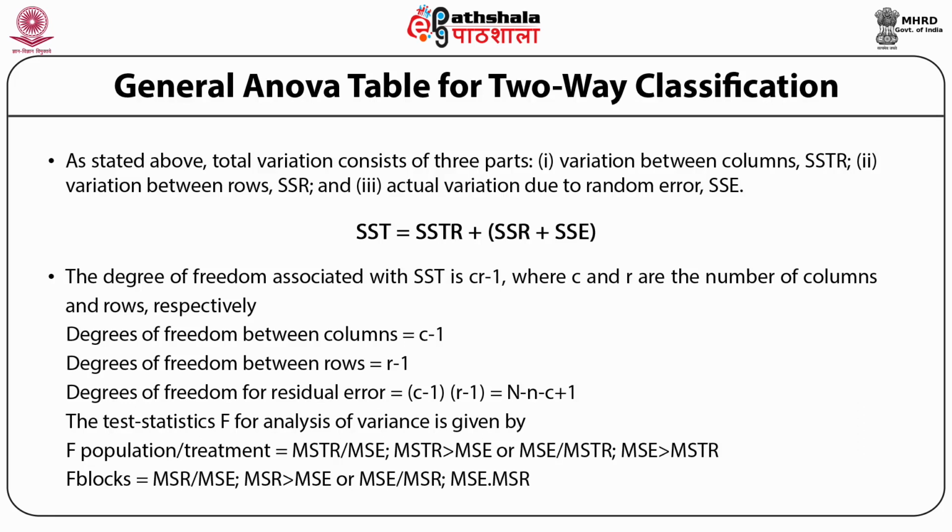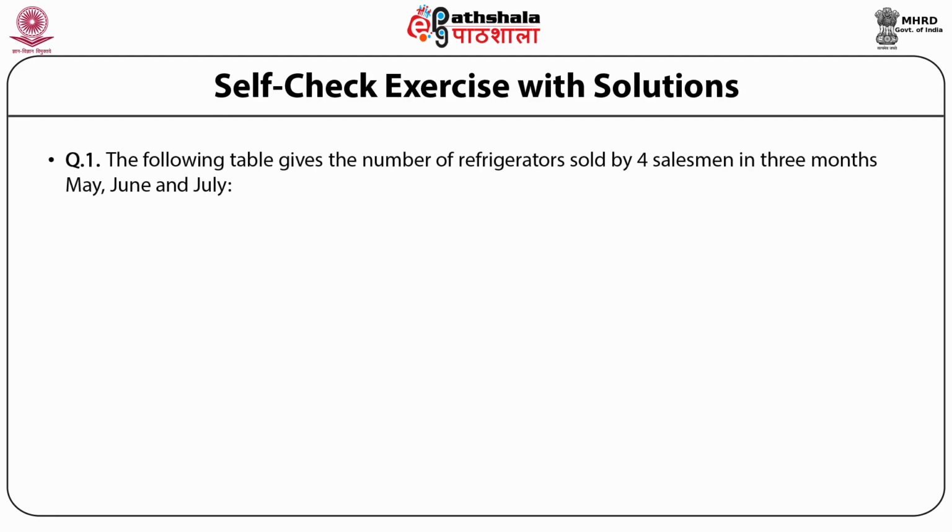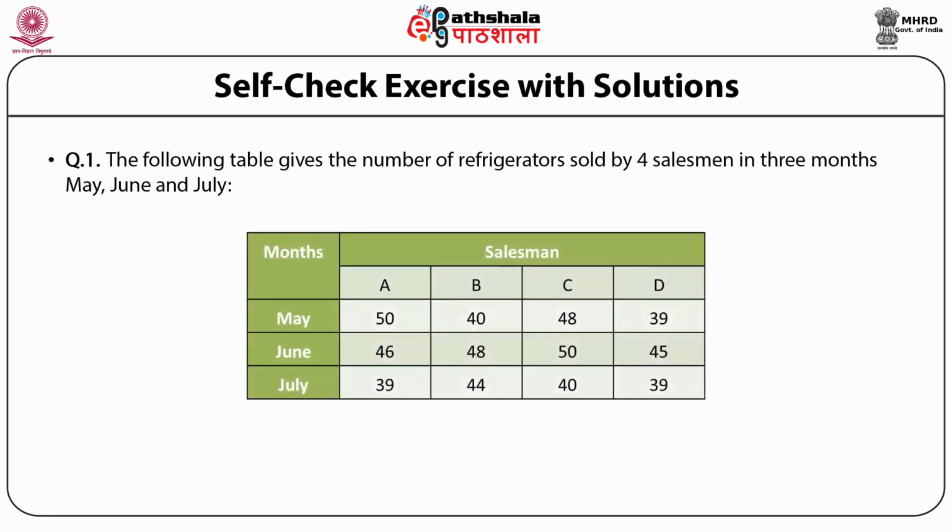Let's take an example to understand how we can do hypothesis testing with more than two populations. Question 1. The following table gives the number of refrigerators sold by 4 salesmen in 3 months, that is May, June and July. We want to see, is there a significant difference in the sales made by the 4 salesmen?